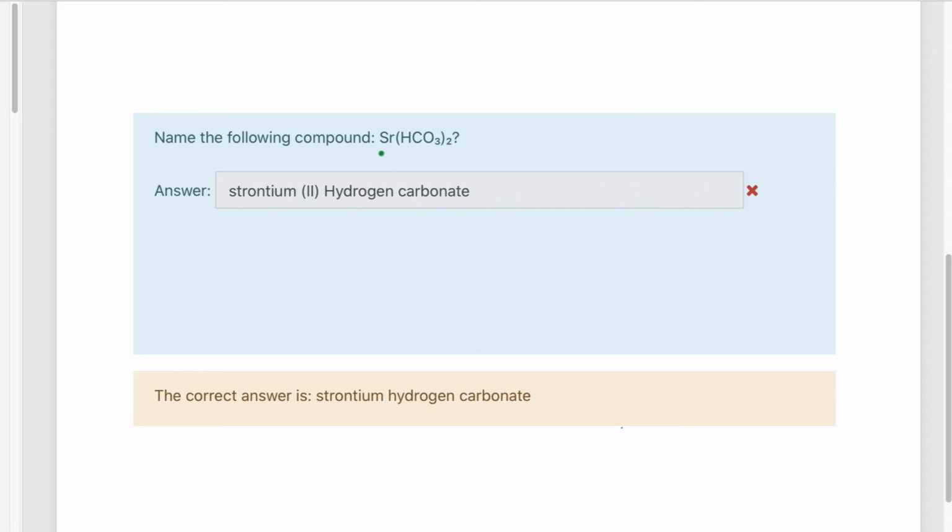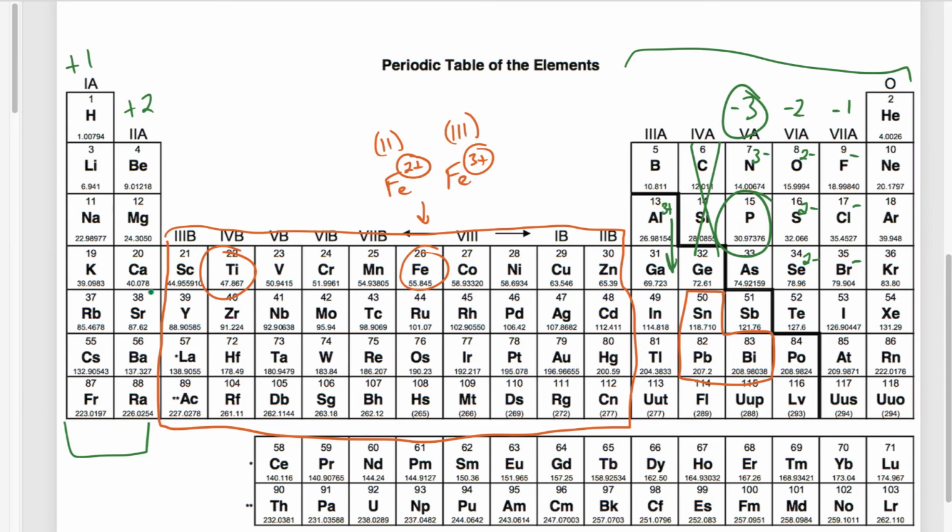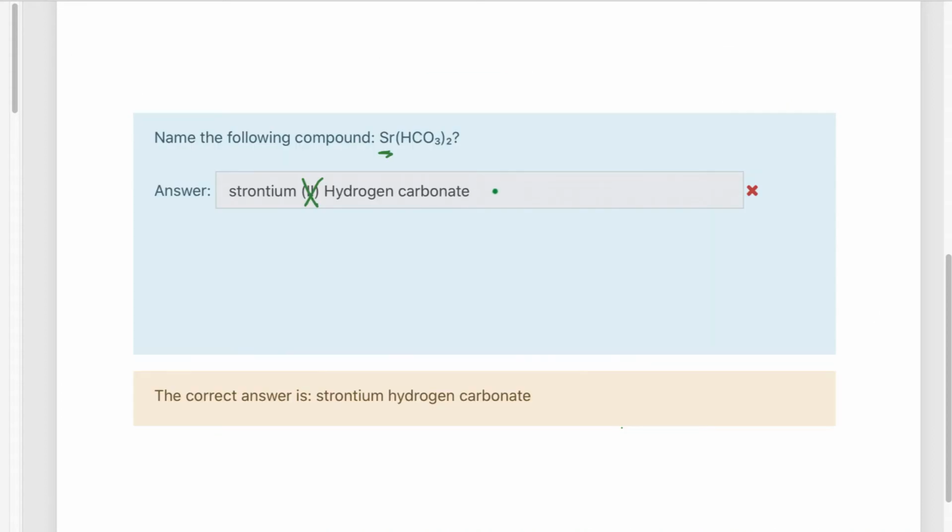Now in this example, strontium does not need a Roman numeral. The reason why is because strontium is right there. It's in this family, so it always takes on a +2. So there's no need for a designation of its charge in the name. It's just understood. And that's really the only error in this problem.